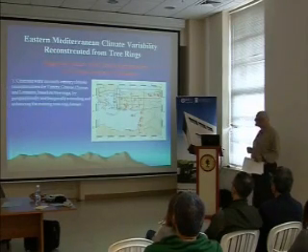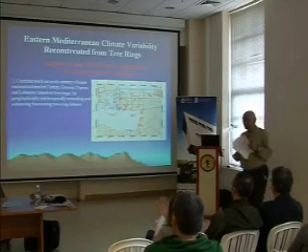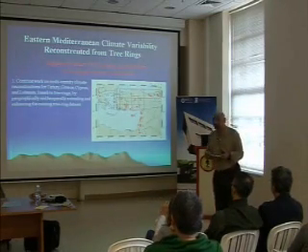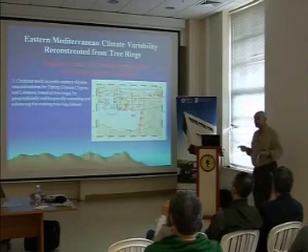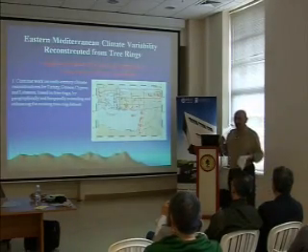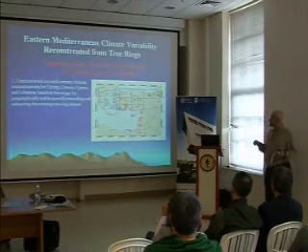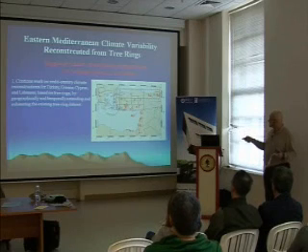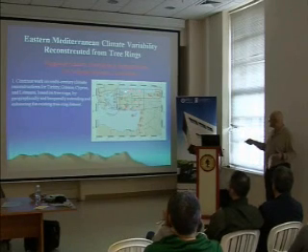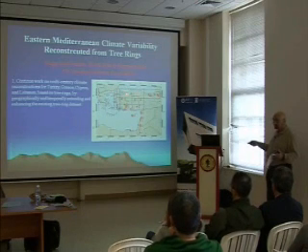This is our new funding from NSF to continue our work in Cyprus, Turkey, Greece, and Lebanon. And we would like to collaborate with our colleagues here to continue building our chronologies in these regions. Those boxes represent the gaps that we need to fill.